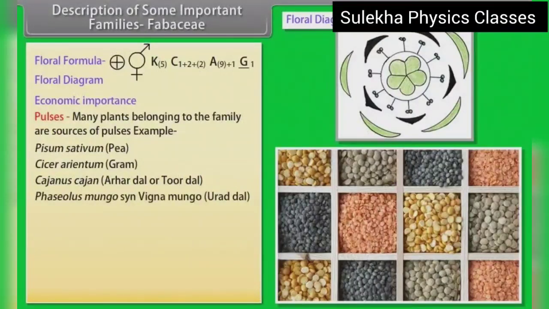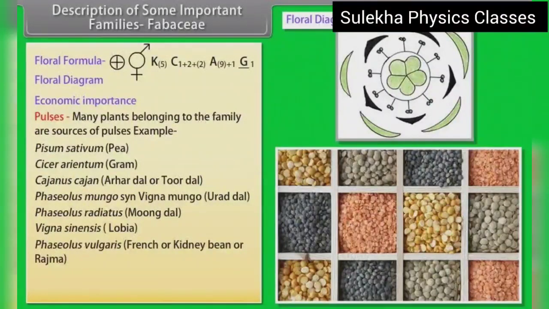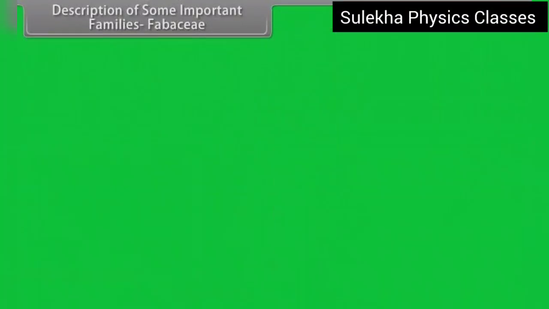Phaseolus mungo, Vigna mungo, urad dal. Phaseolus radiatus, mung dal. Vigna sinensis, lobia. Phaseolus vulgaris, French or kidney bean or rajma. Lens esculenta, masoor dal. Lathyrus sativus, khesari dal.